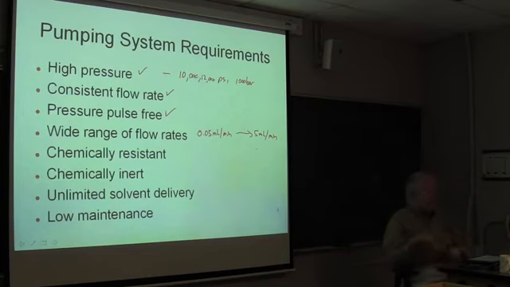You might want to use a very basic mobile phase when you're doing ion exchange work. So it's got to be chemically very resistant materials. If there are polymer components, and there will be, you don't want those polymers to shrink and swell as you change the solvent.